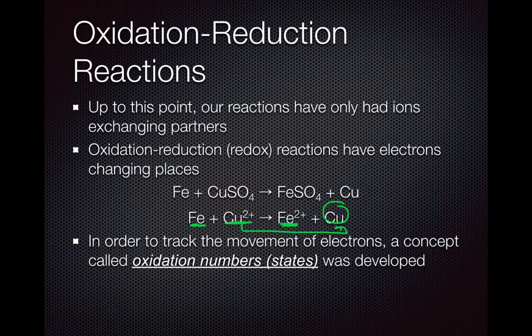So electrons went from the iron to the copper. We saw that iron has lost some electrons here, and the copper has gained some electrons here. Now, in order to track the movement of electrons, we developed a concept that is called oxidation numbers or oxidation states. You'll hear both terms, they mean the exact same thing.